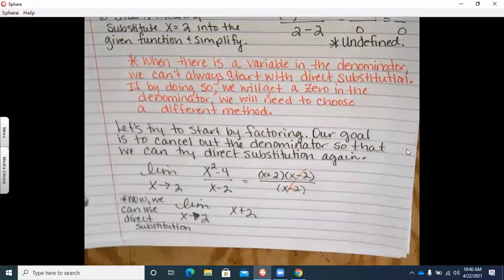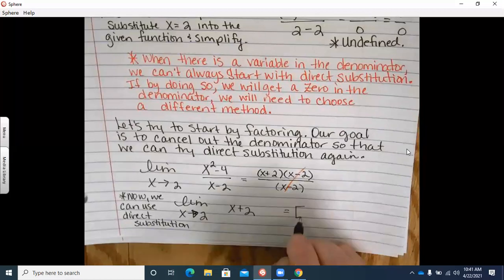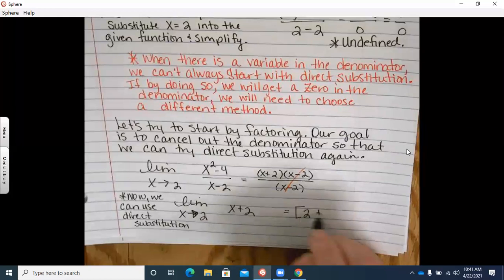Okay, so now I'm going to substitute for x. I'm going to substitute in a 2 for x, then add the 2, and we get 4.